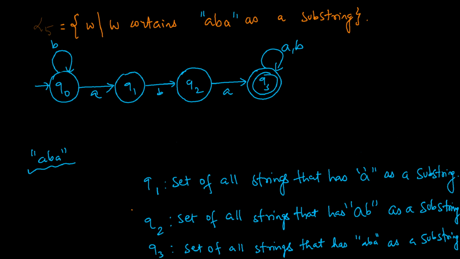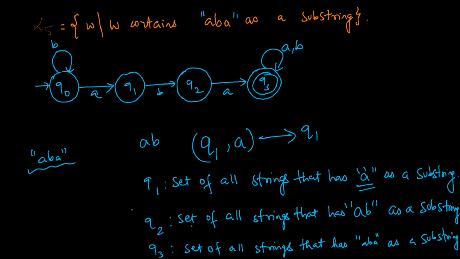When you are at Q1, Q1 represents all strings that has A as a substring. If you see the next symbol as B, then it should go to Q2, because Q2 represents all strings that has AB as a substring. But if you are at Q1 and you see A, where should you go?